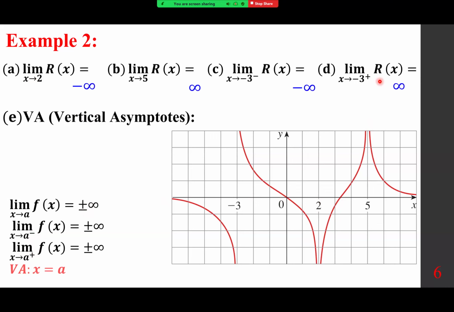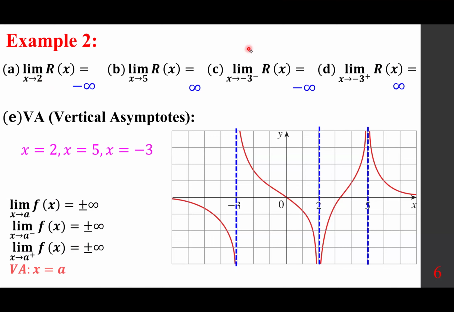And therefore, by the definition, x equals 2, x equals 5, x equals negative 3 are the vertical asymptotes, everybody.